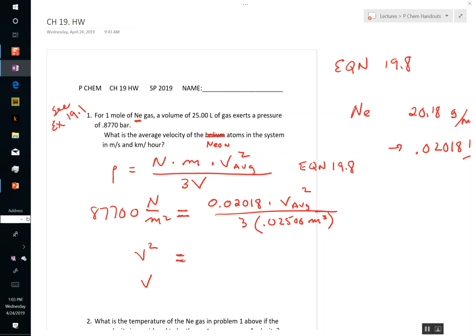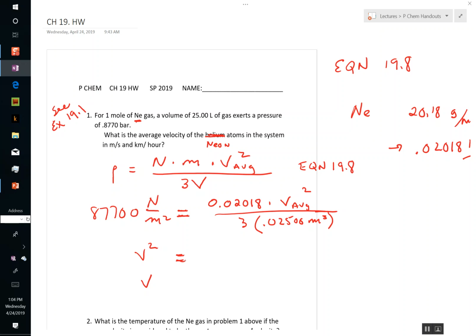Newtons is a force. But you're wondering how you get meters per second from newtons. Well, if you think about F equals ma, m is mass, which is kilograms, and acceleration is meters per second squared. So kilogram meters per second squared, that's your force. And then the pressure is just that divided by an area, so divide by meter squared.